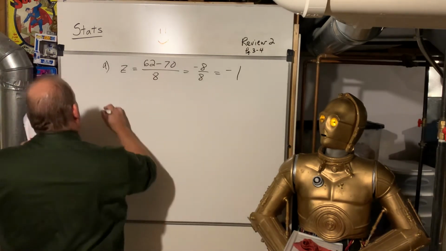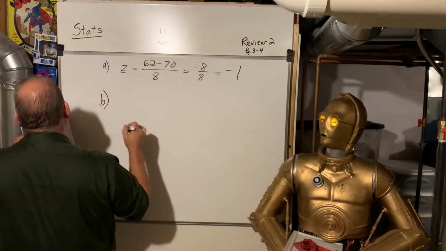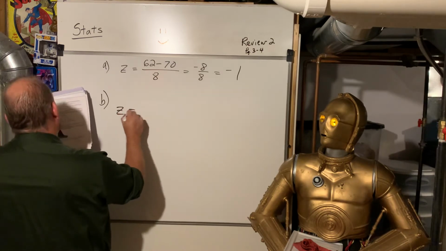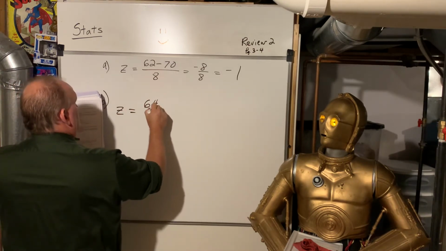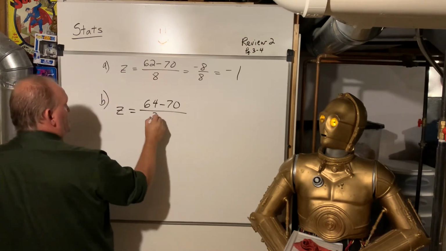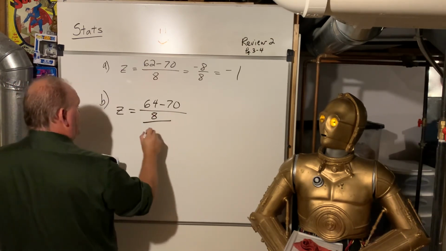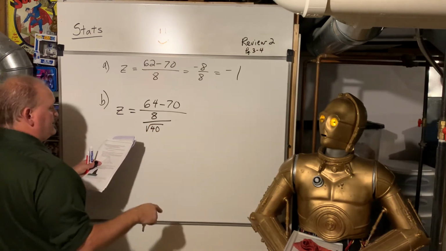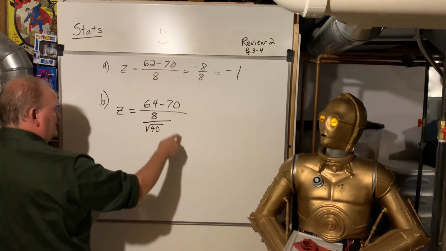It's one standard deviation below the mean. But if we look at a sample of 40 cheetahs, the 64 minus 70 stays the same, but that standard deviation is now going to be 8 divided by the square root of 40. So that is going to be a lot different of a standard error instead of a standard deviation.